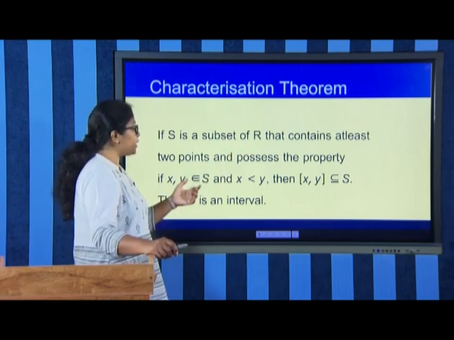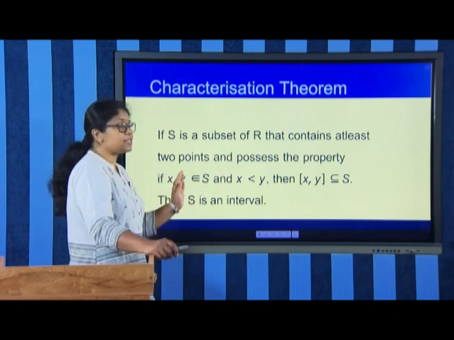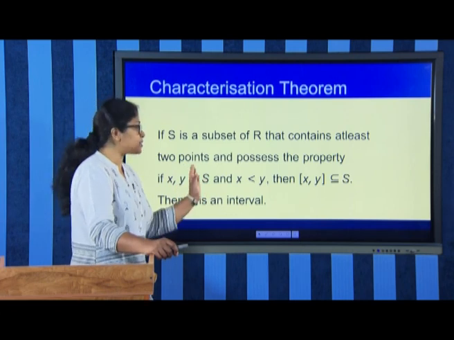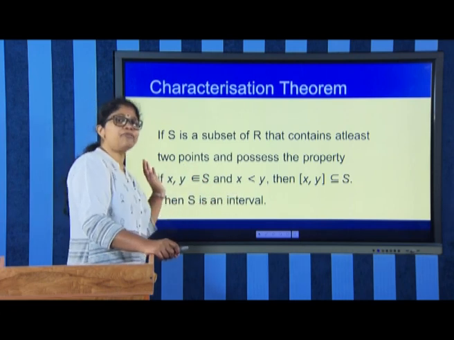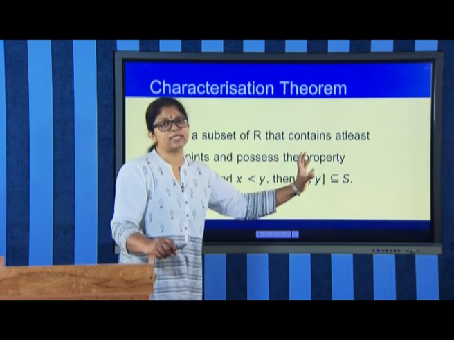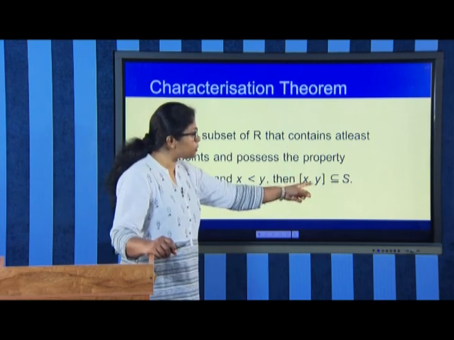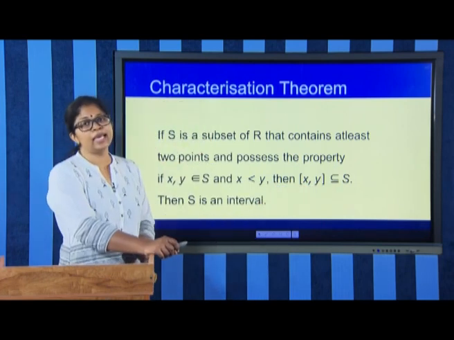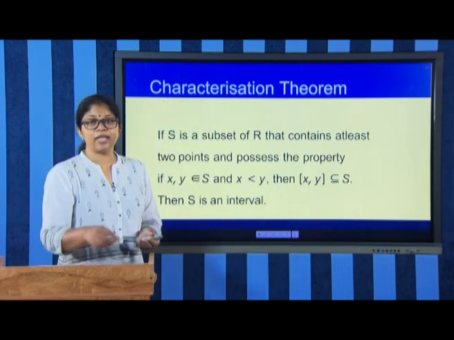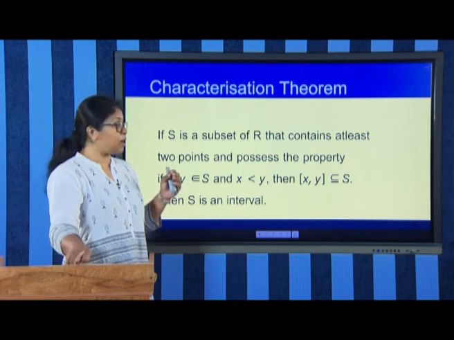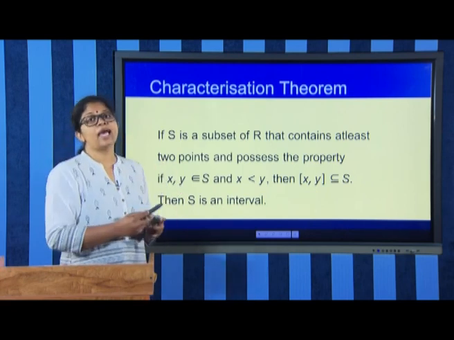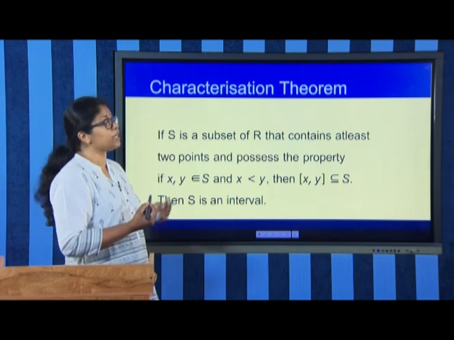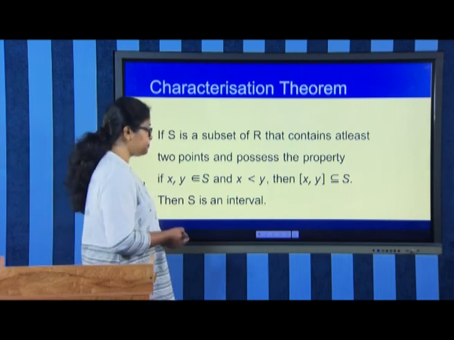And it has the property that for every x and y in S, if x is less than y, everything from x to y is swept inside S. That is what is meant by the closed interval [x, y] being contained in S. Then truly S is an interval. That makes a set S an interval. That is why the theorem is called the characterization theorem.